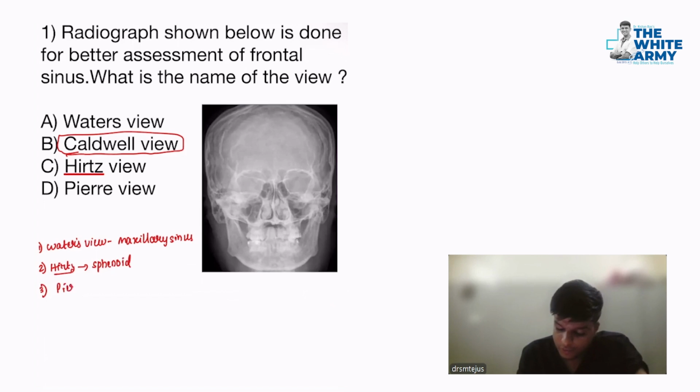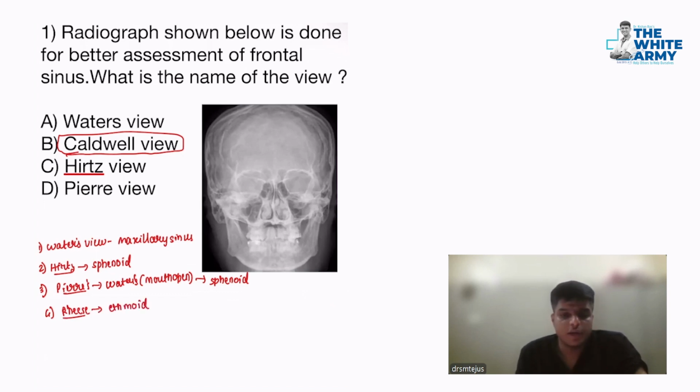And the PS view, like we already discussed, is nothing but the Waters view taken with the mouth open, and we use it also for the sphenoid sinus. And Reese view is for the ethmoid sinus.